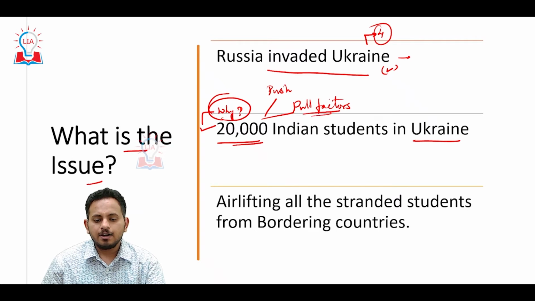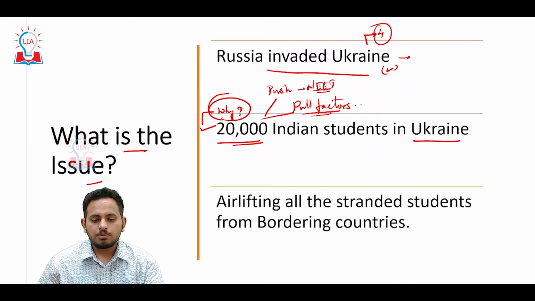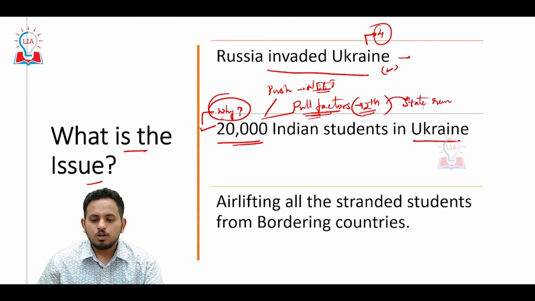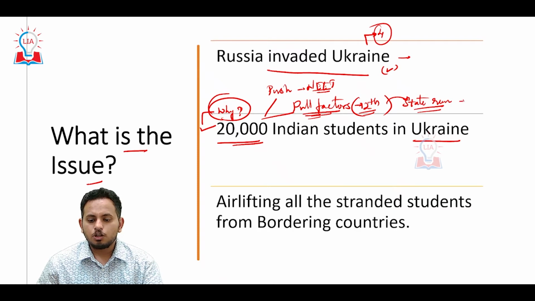In India, we have a national level examination called NEET to get admitted to medical institutes. But in Ukraine, we do not have any such mechanism. The 12th standard, that is second pre-university course, marks are considered and the student is given admission to state-run universities in Ukraine, which cost around 15 to 20 lakhs for the entire 6 years.